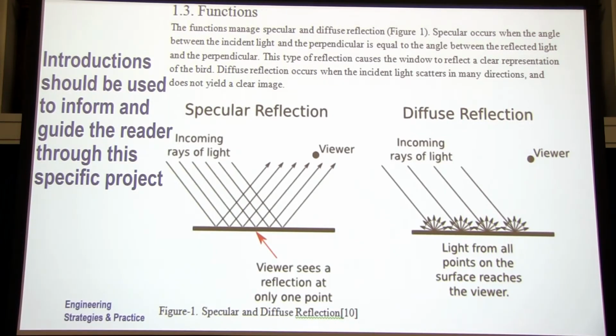This team does an excellent job of introducing their functions, including a diagram, in a way that starts to transform this whole idea from one of a bird attacking its image in the glass to one of a technology to improve the functions of glass such that birds won't attack it or see through it, but people on the other side will be able to see through it.